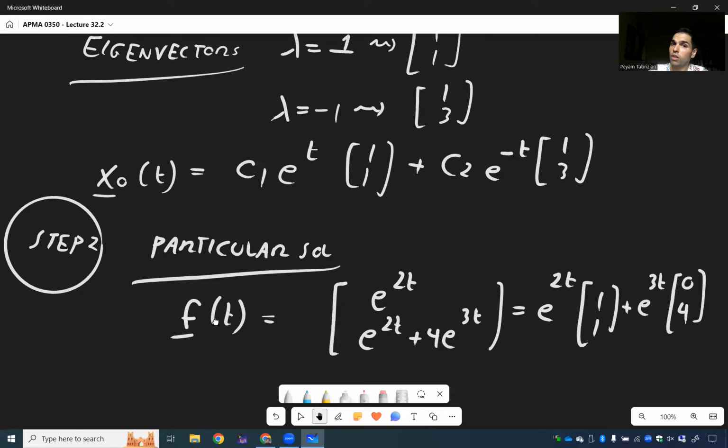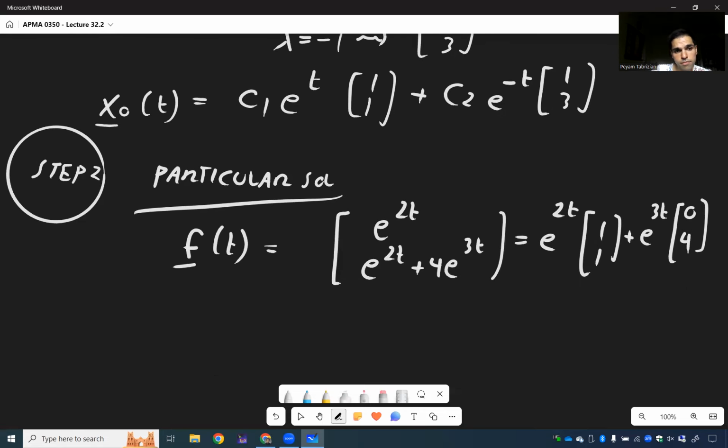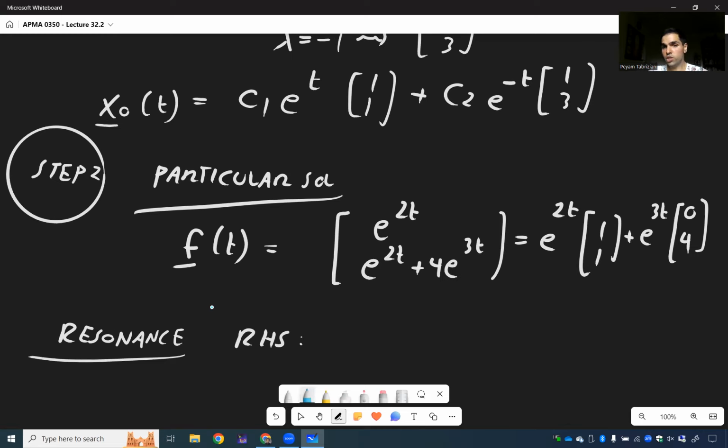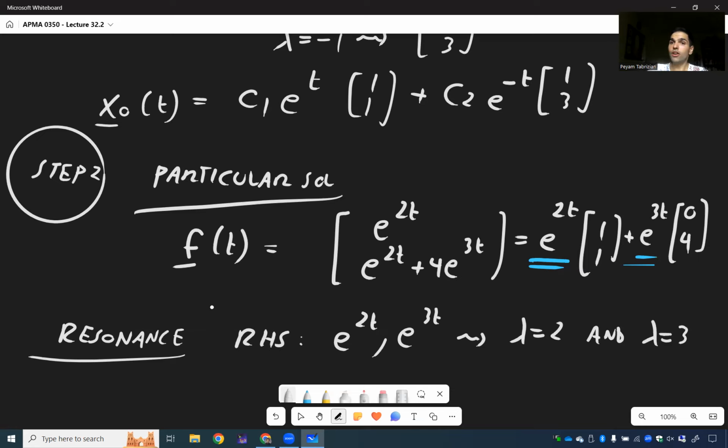And first of all, let's check for resonance. So here, on the right-hand side, there are actually two terms, e^(2t) and e^(3t). They correspond to exponents 2 and 3, which fortunately do not coincide with the eigenvalues.